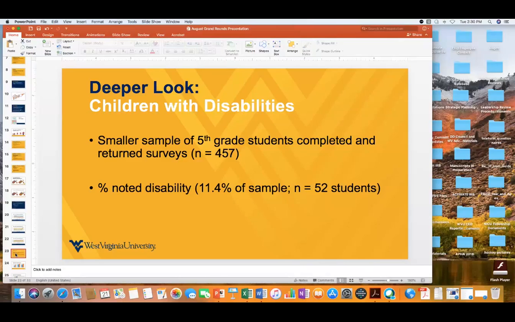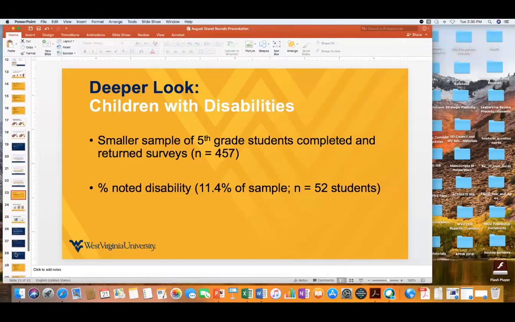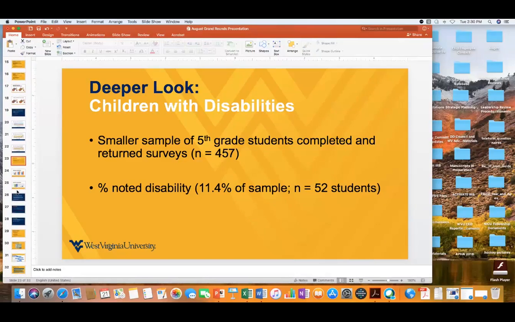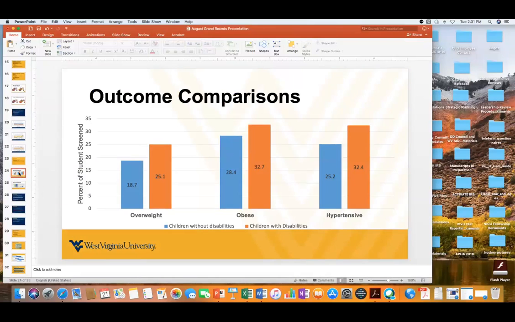Of that 457, the percent who noted at least one disability was about 11.4, or about 52 students. So much smaller. But remember, at that point in time when we did this, thankfully we asked the question, but the intent was not to separate and compare these at all. We're doing this now, but it definitely wasn't the intent.